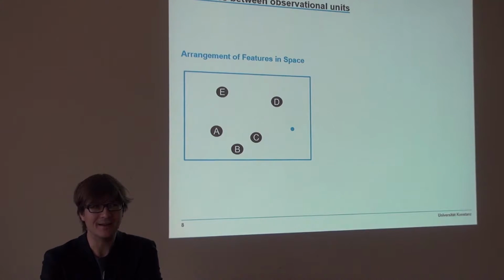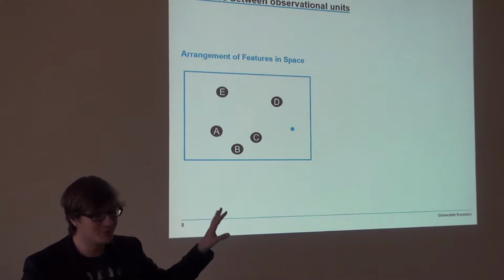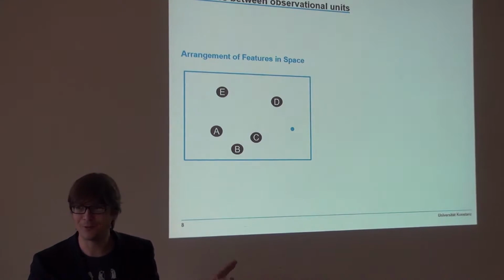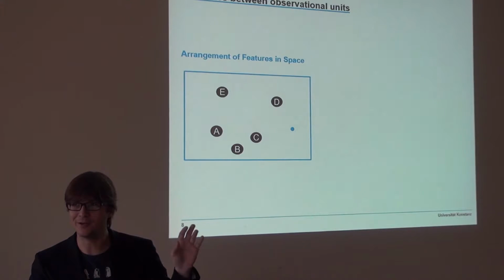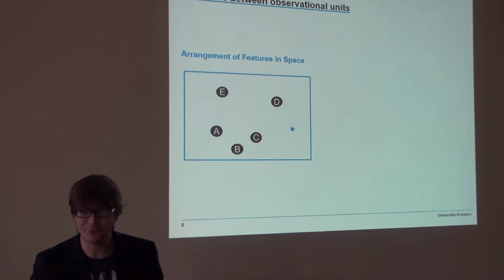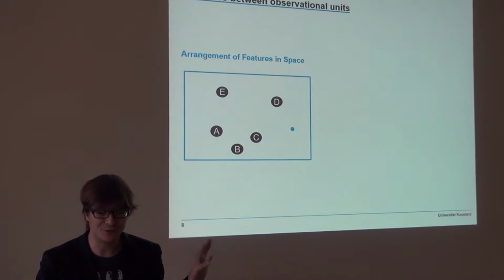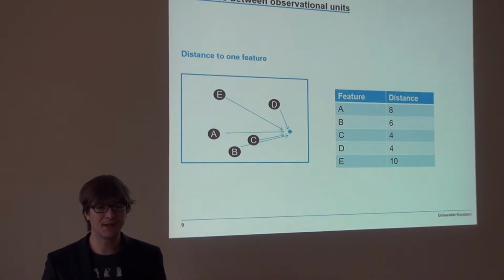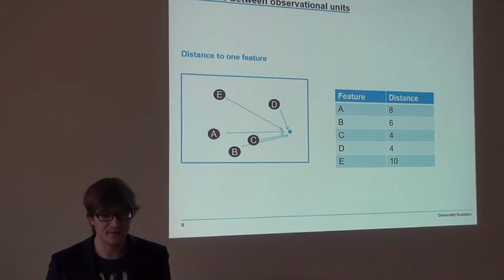So, okay, we start with an arrangement of features in space. That's what we usually have. We have places of living, or we have countries or other things, but usually they are somehow arranged in space. And now what we already did is that we calculated distances between one feature type and another feature type.